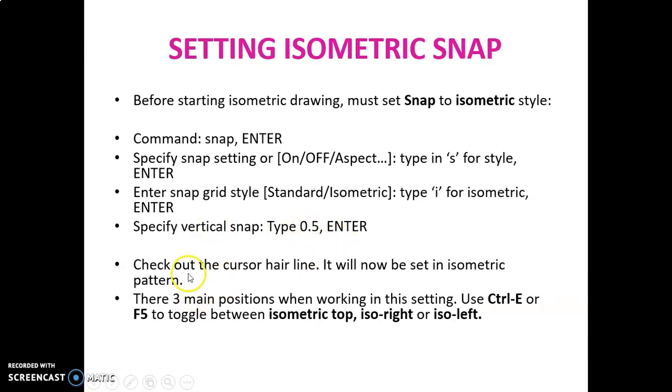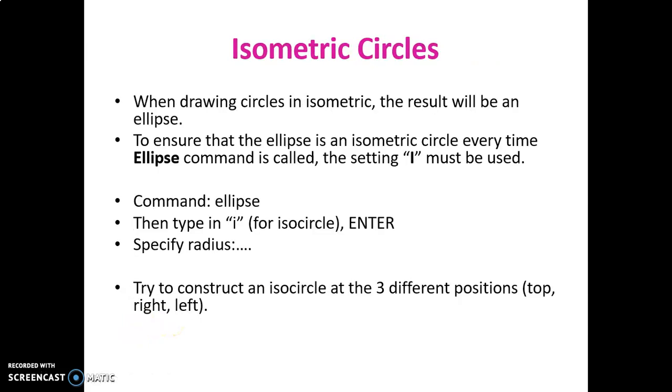You will see the cursor hairline, so now it has been set into the isometric pattern. Also, to use the 3 main positions, you can use F5 to switch between isometric top, iso right, and iso left. Just press F5.